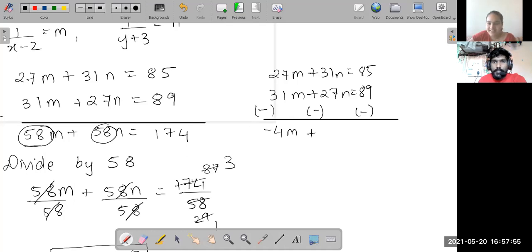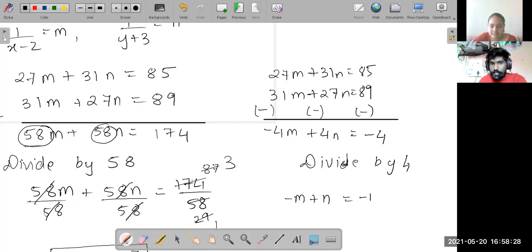So minus 4m plus 4n is equal to 85 minus 89. So that will be minus 4. Now here you will divide throughout by 4. So minus m plus n is equal to minus 1.